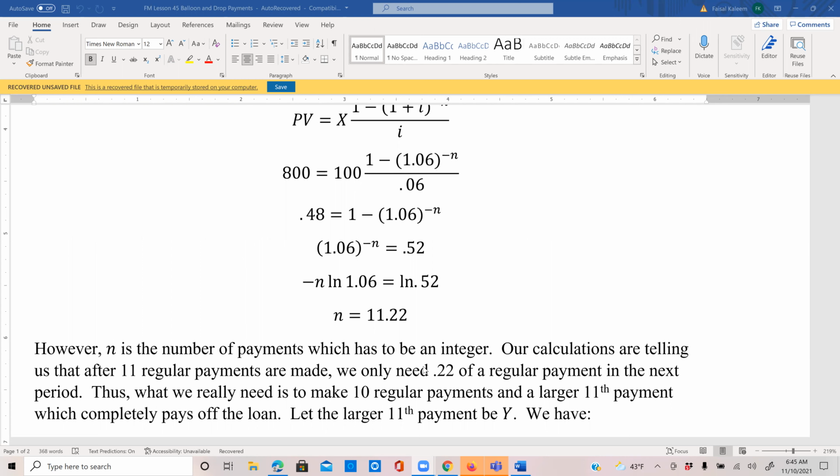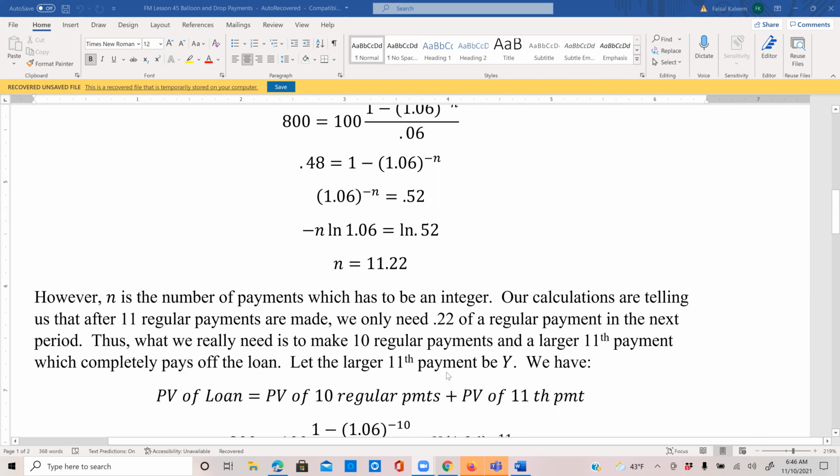And since we want the final payment to be larger, we'll make 10 regular payments, and then in the 11th payment, we'll have a larger amount because, as the calculations show, 11 payments are not paying it off completely. There is still a part left. So in the 11th payment, instead of a regular payment, we will also include the part that is left. So that means we'll make 10 regular payments and a larger 11th payment.